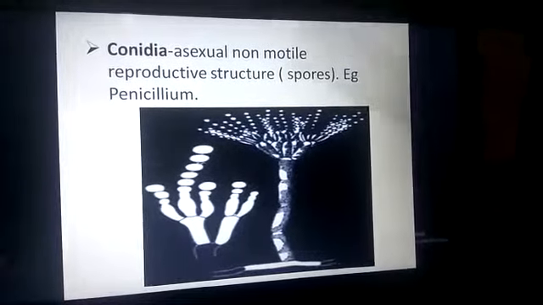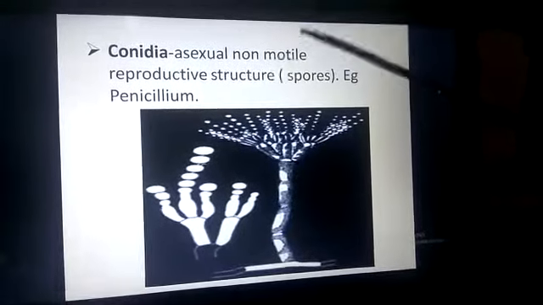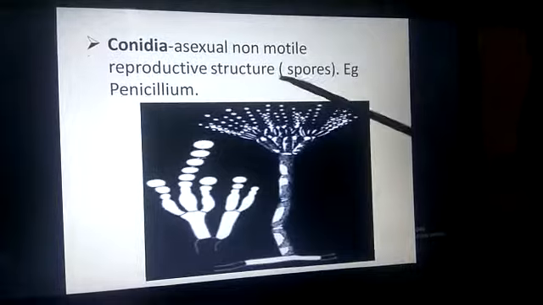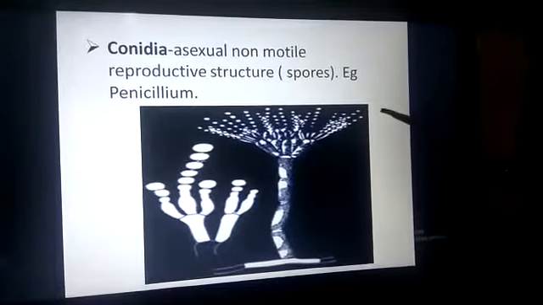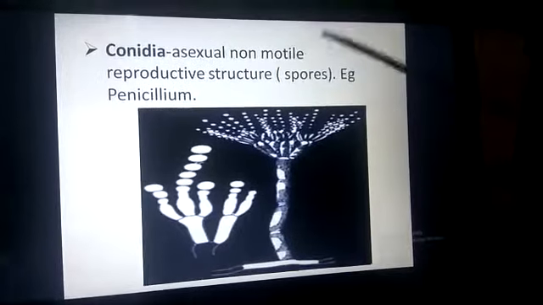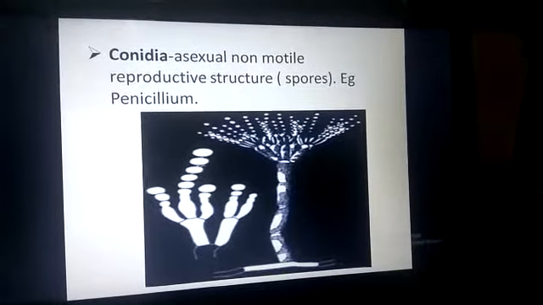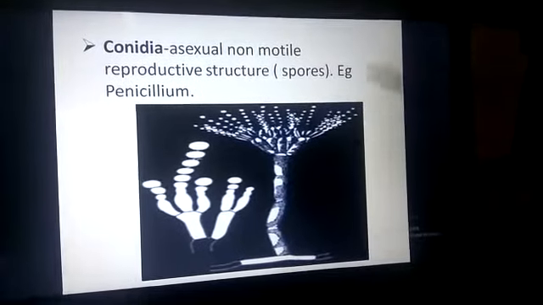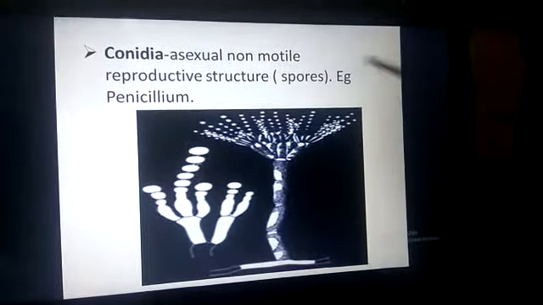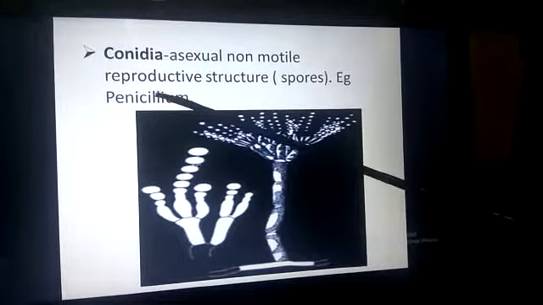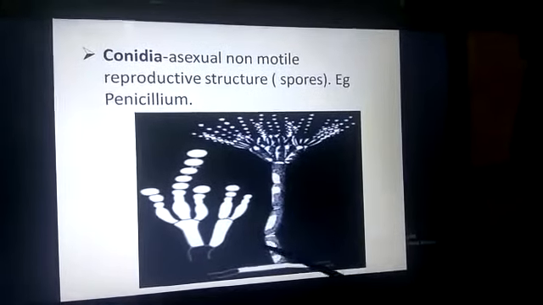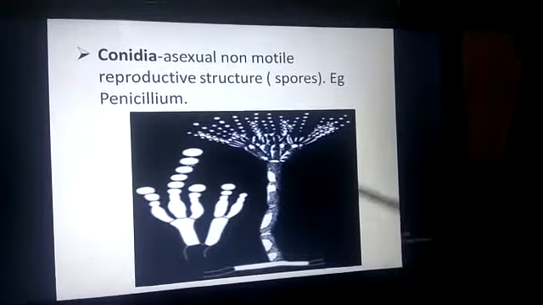Second one is conidia. Conidia is an asexual non-motile reproductive structure. Non-motile means they don't have the ability to move. An example of an organism that produces this type of spore is penicillium. Now this is the picture of penicillium.